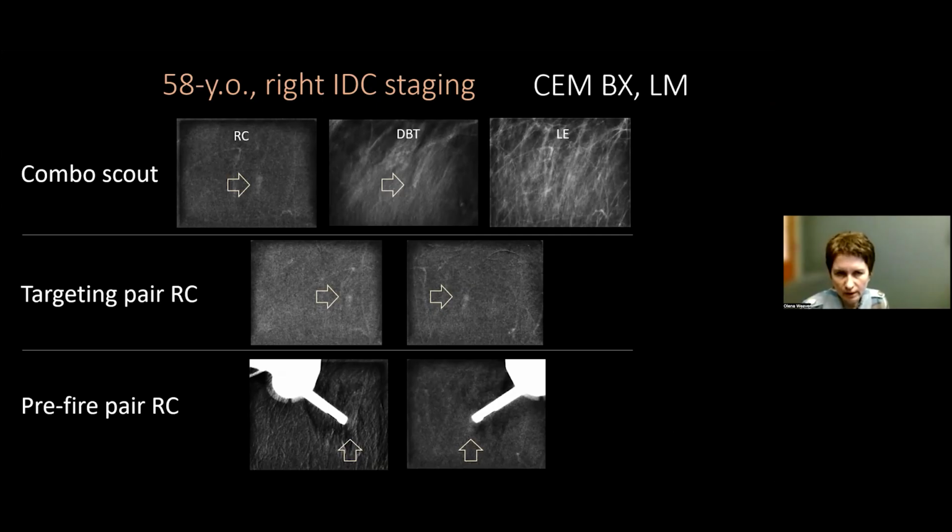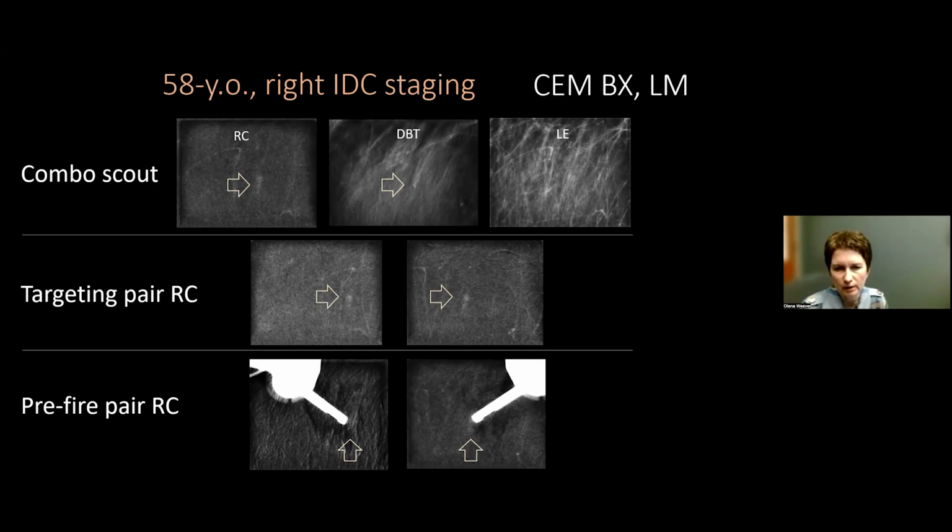So recombined images can be used as a target in this case. If needed, probably DBT can be used for this little finding underlying it. But in this case, we actually did see enhancement on both angled, paired, targeting recombined images. So it was okay to use for targeting.